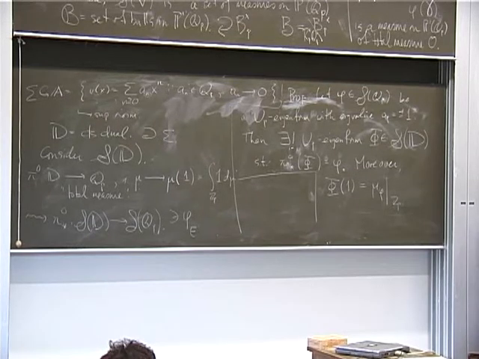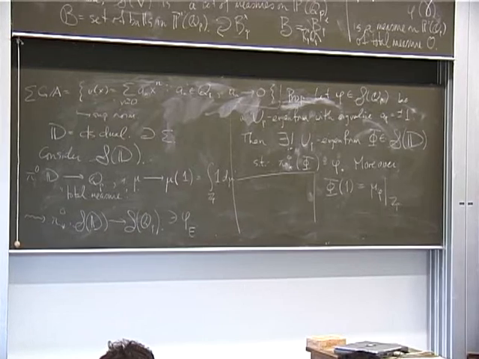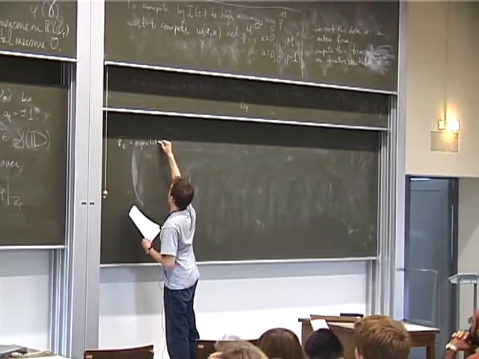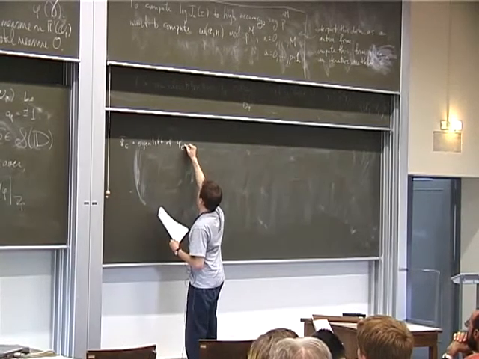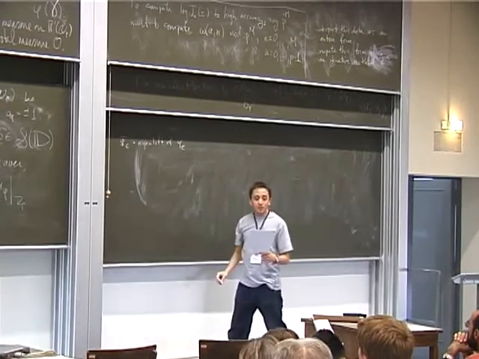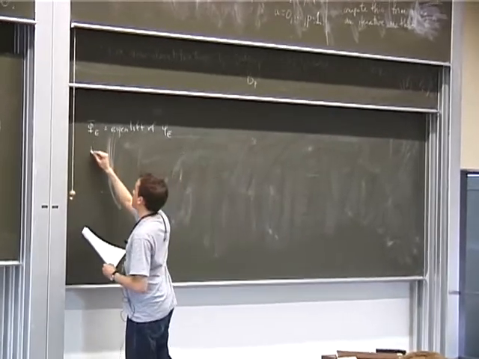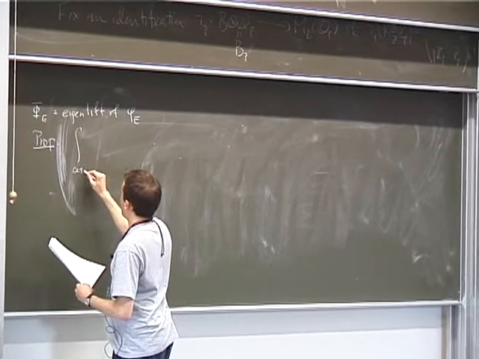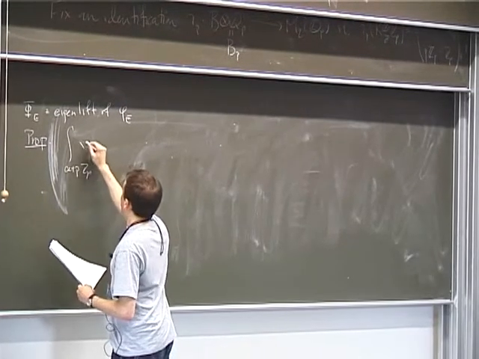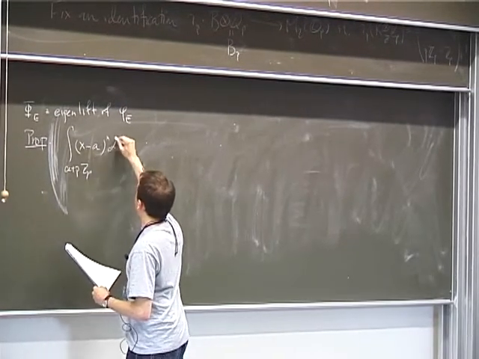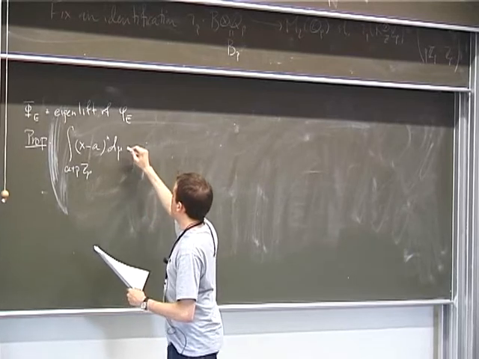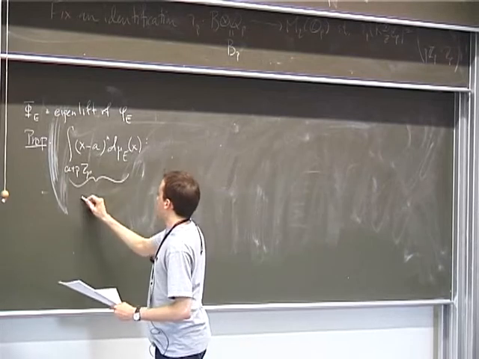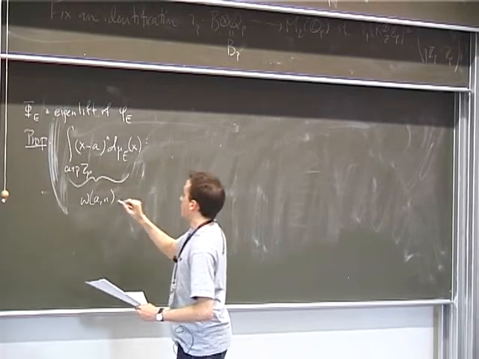All right. So let Phi_E be the eigenlift of phi_E, which is associated to our elliptic curve E. And we have the following proposition. If we look at the integral over a plus pZ_p of (x minus a) to the n d mu_E of x, this is exactly what I called omega of a, n, the thing we want to compute.